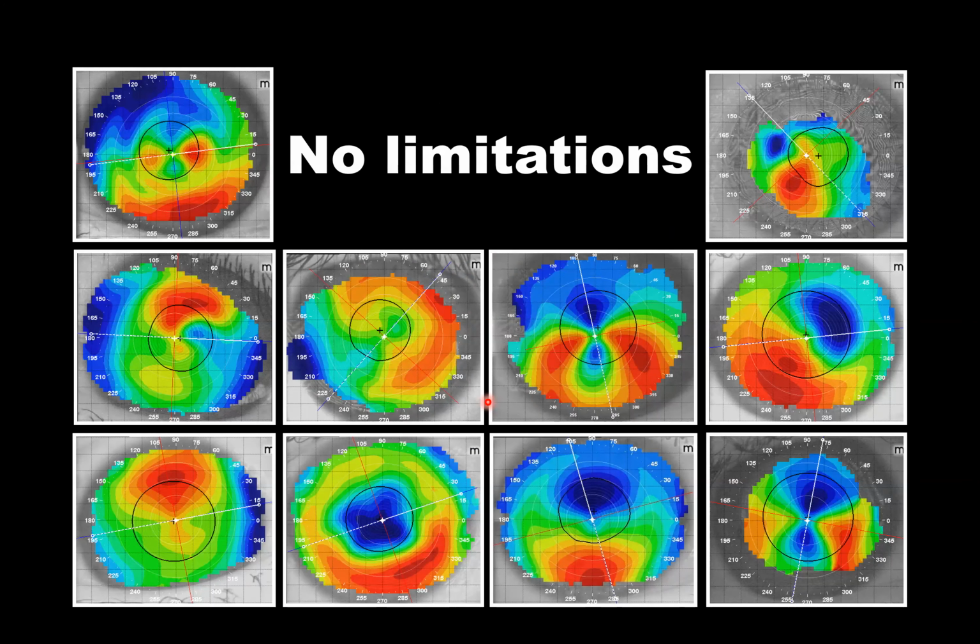One of the first considerations is this lens was built for the most normal of eye shapes or for the most irregular of eye shapes. The smart lens at our school is used more often than any other scleral lens.